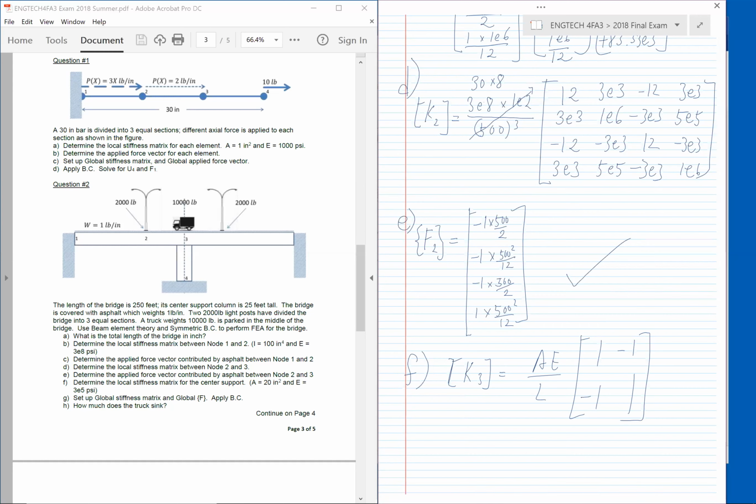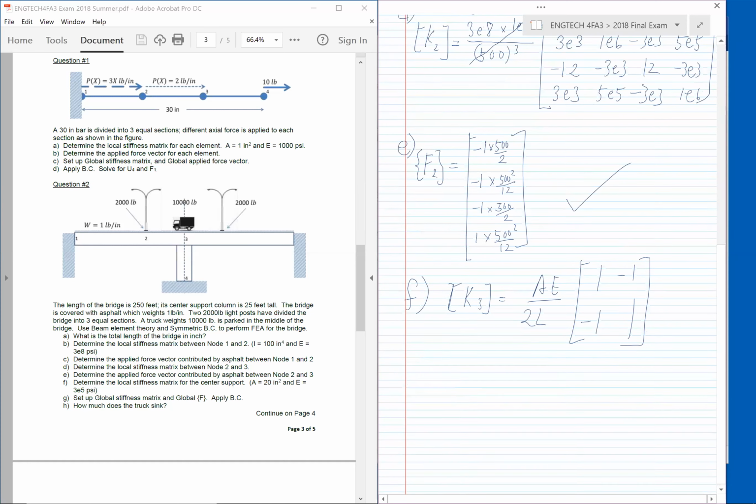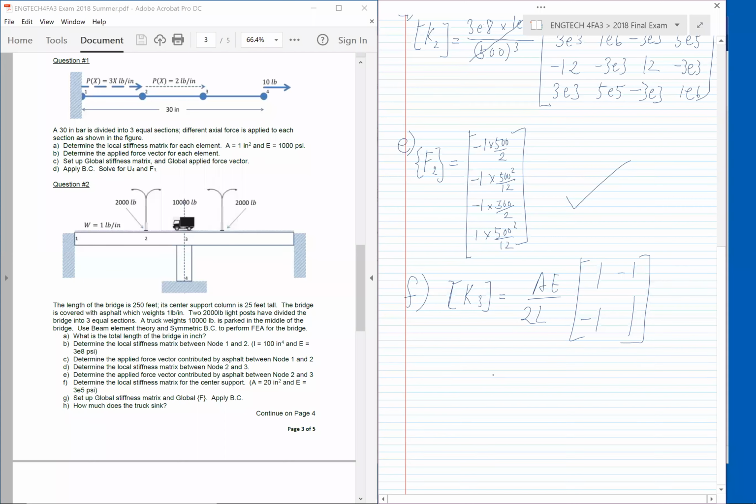So that's why we divide by 2, because the column is split by two models. So A is 20, E is 3E5. Yeah, that's right, 3E5 right here.